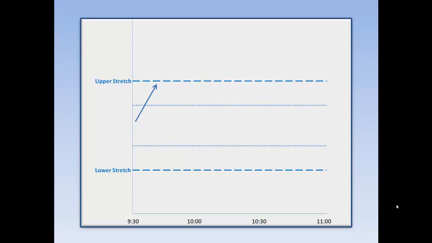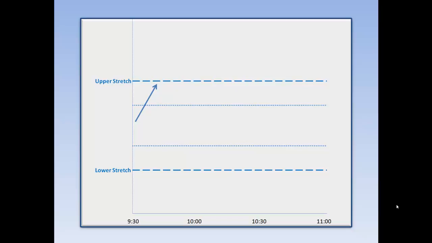The time filter means that price needs to stay at that point for at least half the time of the opening range size. So we've got a 10-minute opening range. We need price to stay at the upper stretch point for at least 5 minutes in order to confirm the A up, as he called it.